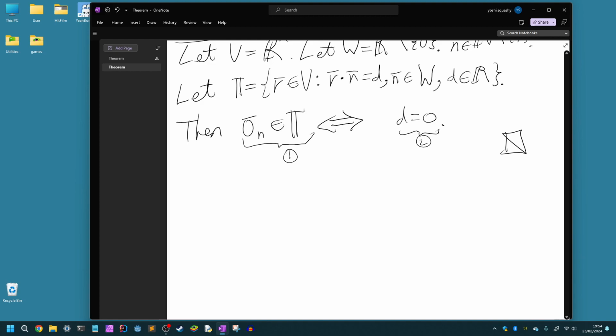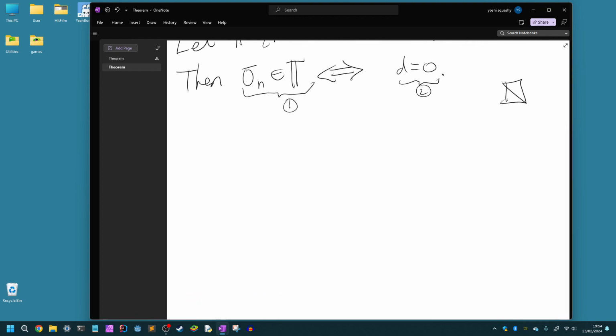They're quite simple, but this will make it easier to think about. I think the direction that 0 being in the plane implies d equals 0 is easier, so we'll do that proof first, and then we'll do the reverse direction afterwards. So the 1 to 2 direction, which is 0_n being of this plane implies that d equals 0. Let's do it.